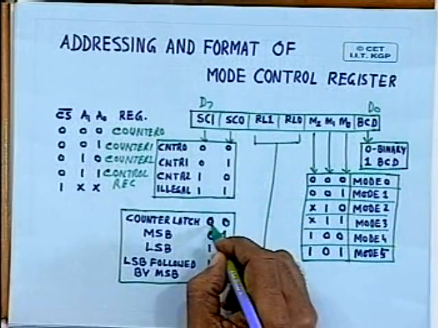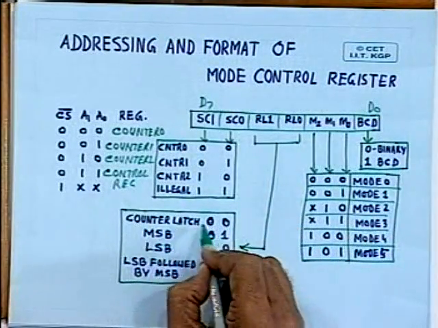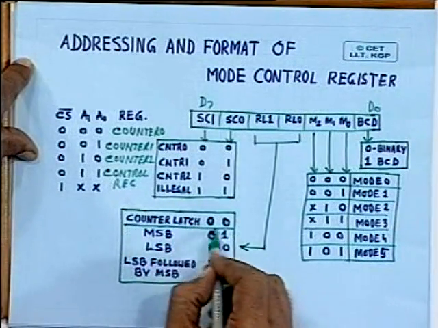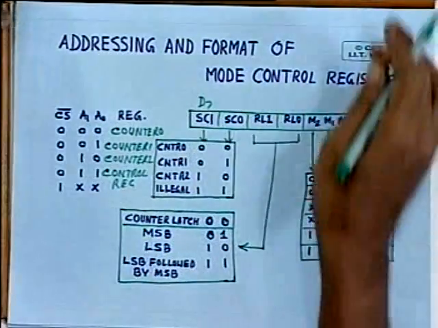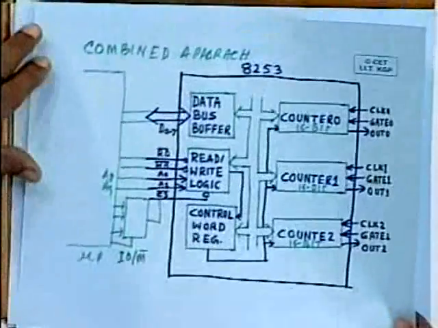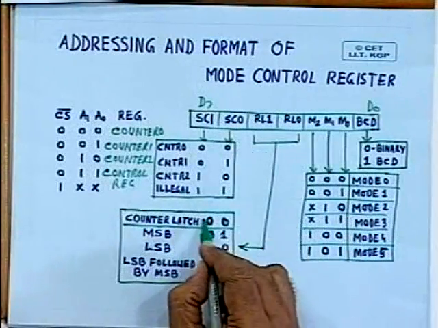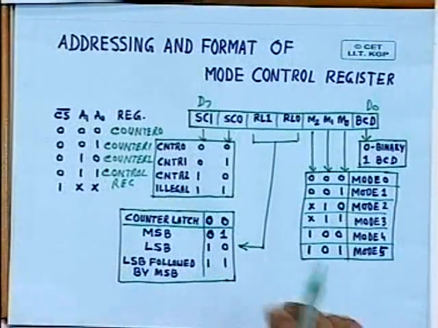So these 2 bits, 0, 0 is used for a special operation known as counter latch, by the help of which you can read the content of the registers, these counters, on the fly when it is being decremented or incremented. So on the fly reading is possible whenever these 2 bits are 0, 0. These counter latch bits are 0, 0.